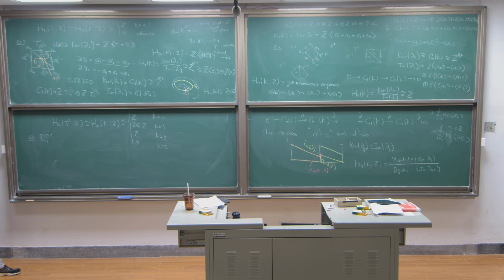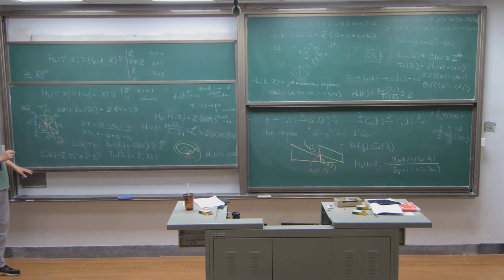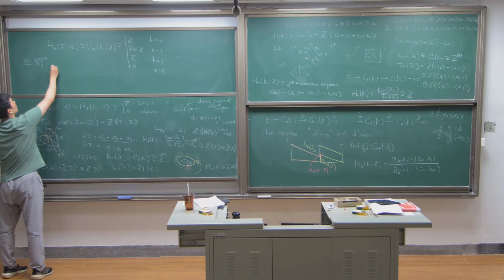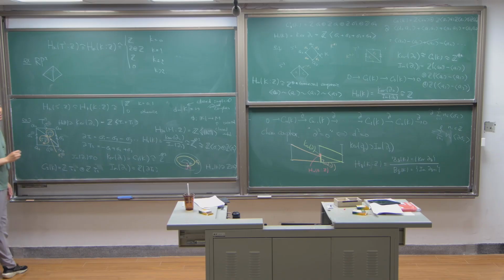What's the best way to do the triangulation of RP2? This is the best way.